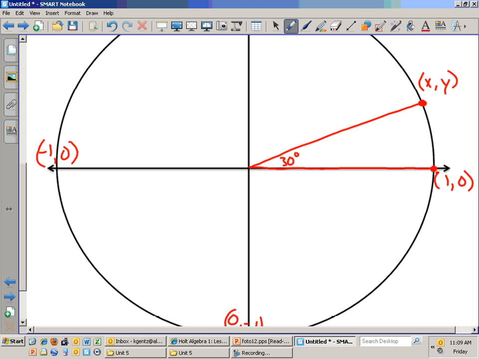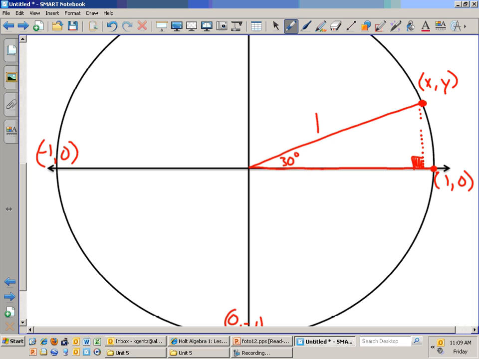Who can tell me what the length of this line is? It is 1. How did you know that, Nathan? It's always 1. The radius of the unit circle is always 1. I will drop down this altitude right here to form a 90-degree angle.